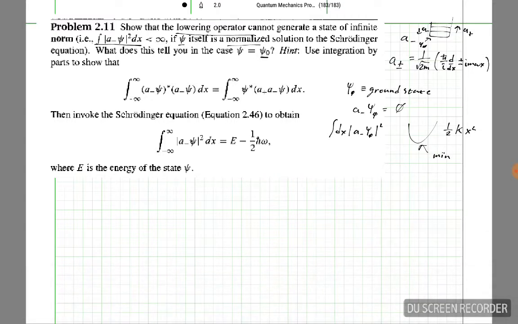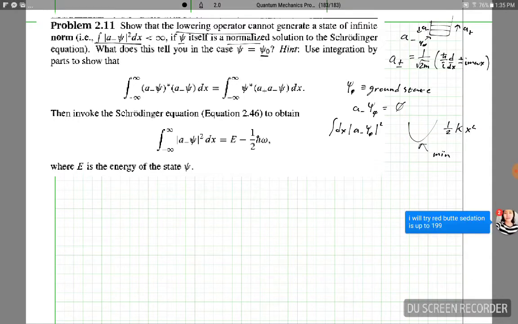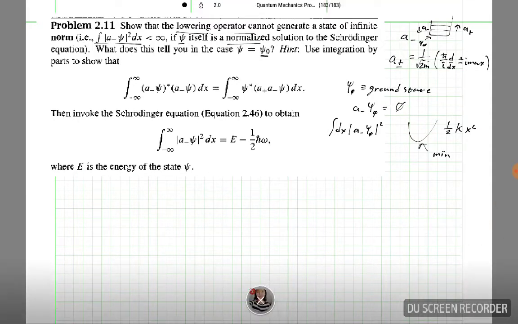So what we're looking at here is the fact that if we have a wave function that satisfies the Schrödinger equation, then we have a normalizable solution.